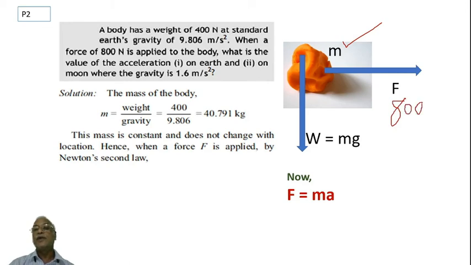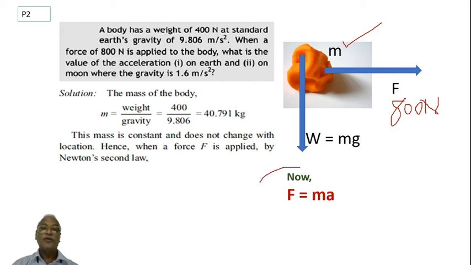Now when you apply 800 newtons, obviously the object moves or tries to move, right? The mass is 40.791, the applied force is 800 newtons. Nothing has been mentioned about whether there will be a frictional force or something like that.